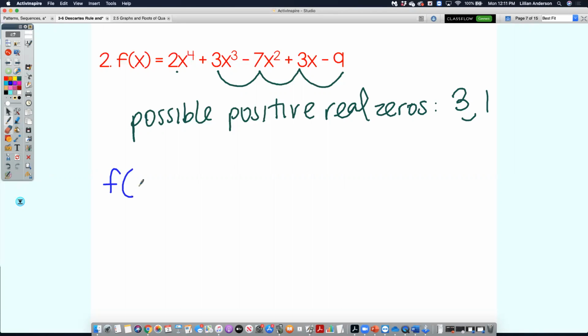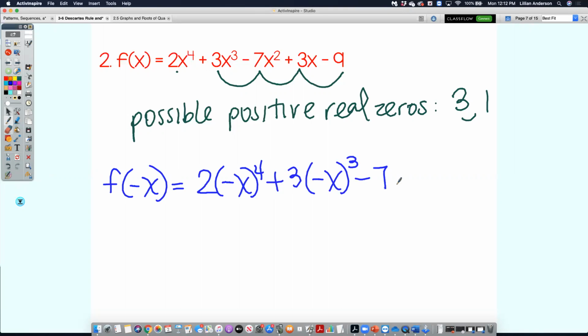Now to find my negatives, I need to plug in a negative x. I'm showing this step to make sure that everybody can see how and why some of the signs may change when I plug in a negative x. I probably won't show this line on my key, but I'll definitely show what the simplified line is of the negatives, okay?